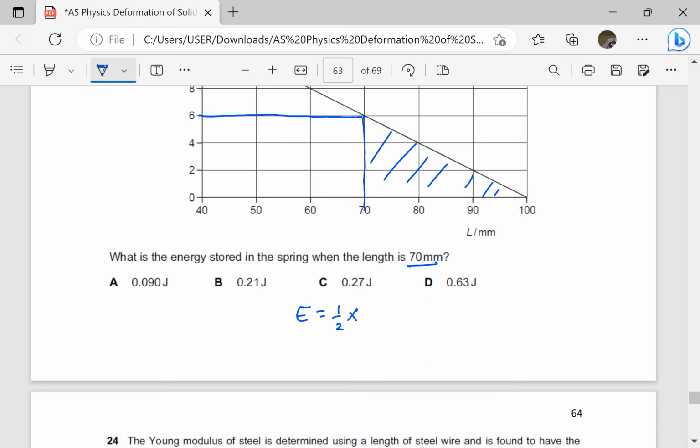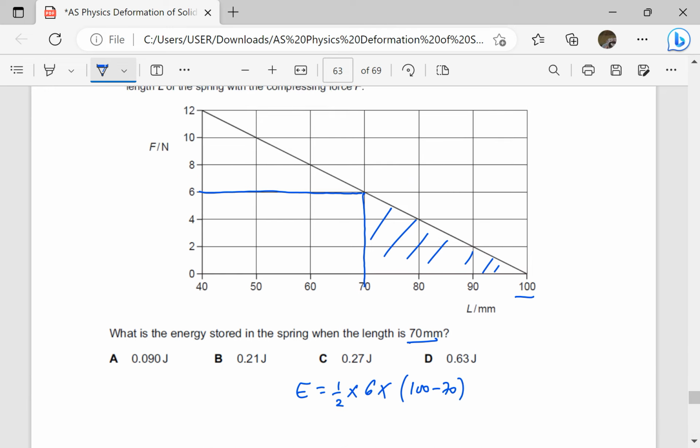So it is a half times 6, then times 100 minus 70, because it is compressed to a length of 70.